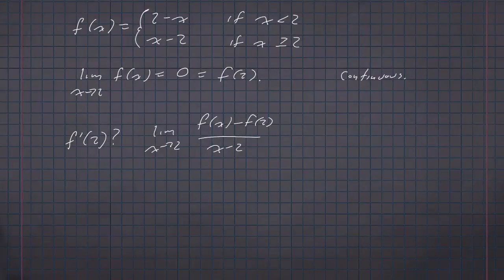So we have to separately consider the limit as x approaches 2 from the left. As x approaches 2 from the left, the value of f is 2 minus x.